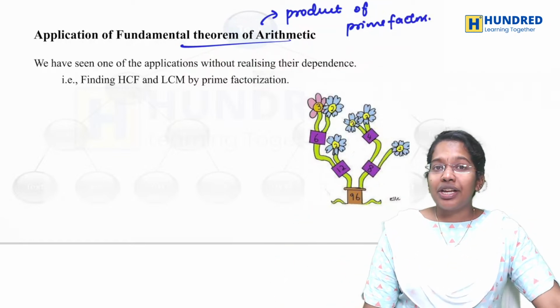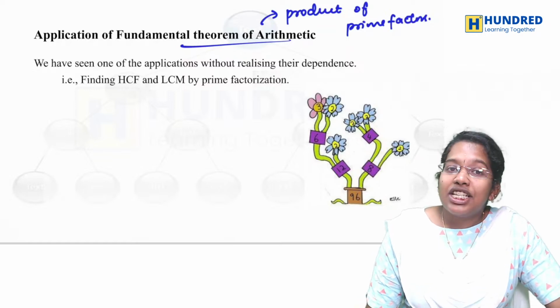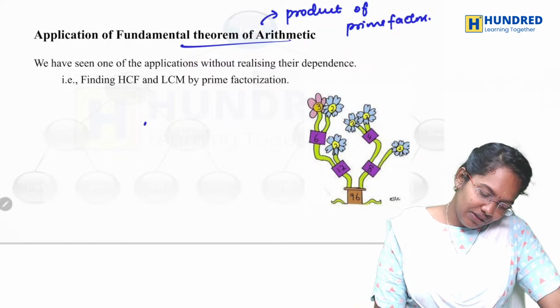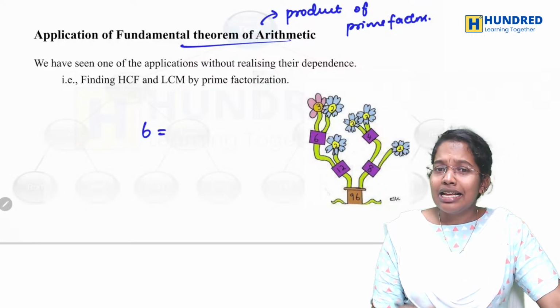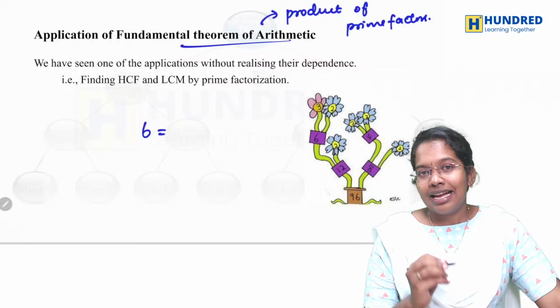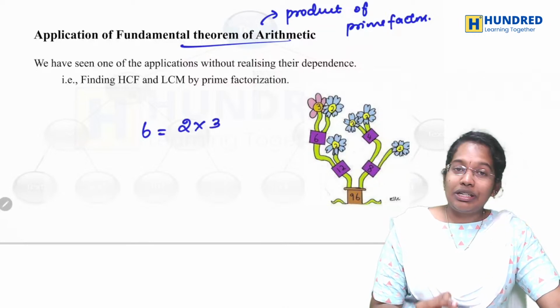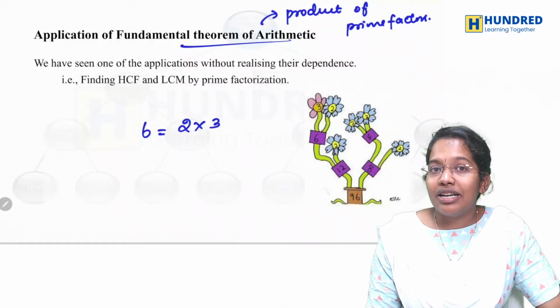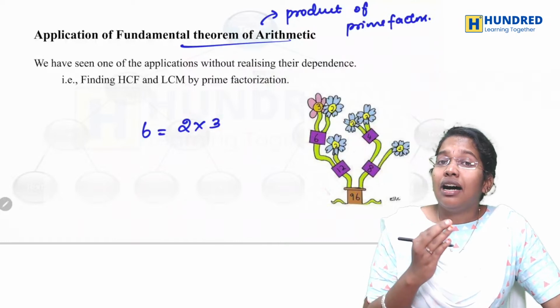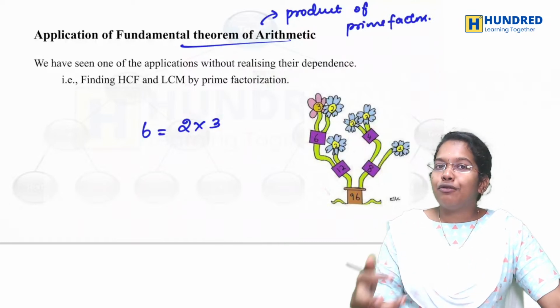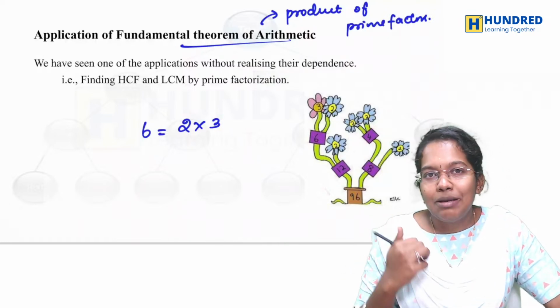What is the application of this FTA? If they give you 6, what are the factors of 6? It is 2 and 3, right? So you can express it as 2 into 3, which is 2 power 1 into 3 power 1. So we are expressing a composite number as a product of prime factors.